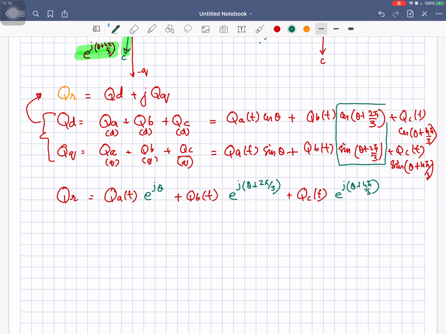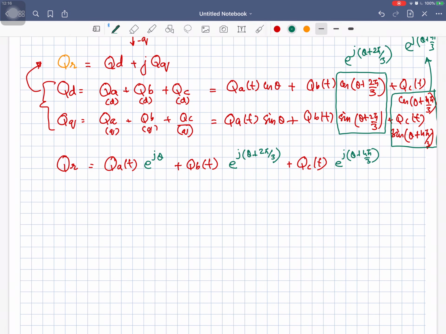This is basically going to make e raised to power j theta plus 2 pi by 3, and this part is going to be written as e raised to power j theta plus 4 pi by 3. So I can write the resultant vector like this.